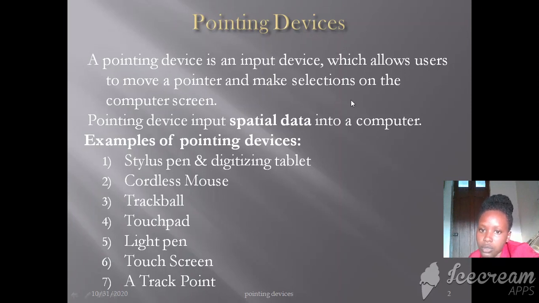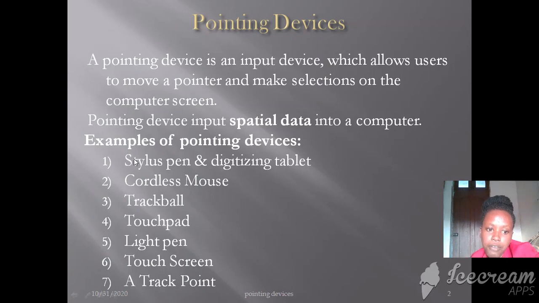Like you see on your screen, I'm moving my pointer around the screen. So these pointing devices input spatial data into the computer, and we have a number of examples of the pointing devices, as you can see.